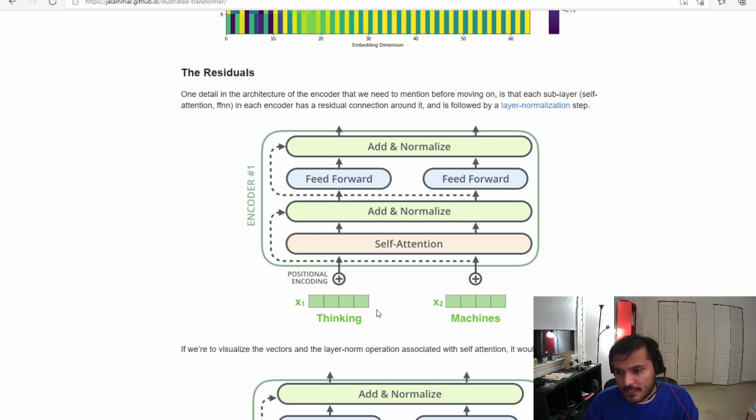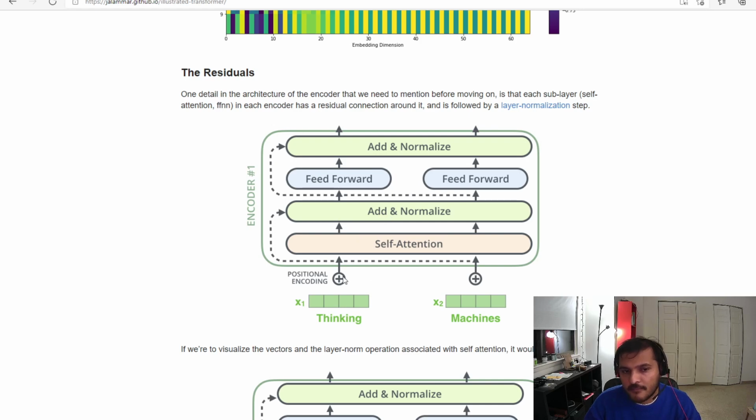So let's go back to the whole attention mechanism. Here we have our encoder, and so we've zoomed out. We're not looking at things so granularly. And this was what we were talking about, the attention block. Now, these are the two words that are fed in. So this is the block that we looked at.